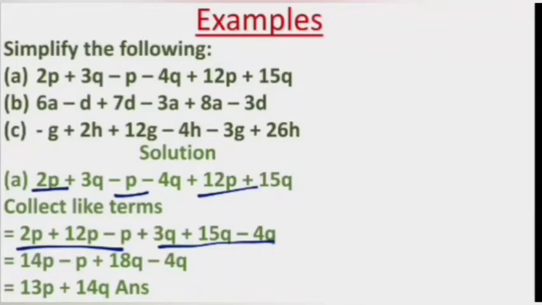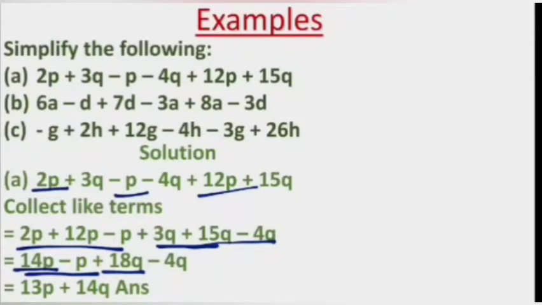We have 2p plus 12p to give us 14p. Then we also have 3q plus 15q to give us 18q. So 14p minus p will give you 13p.